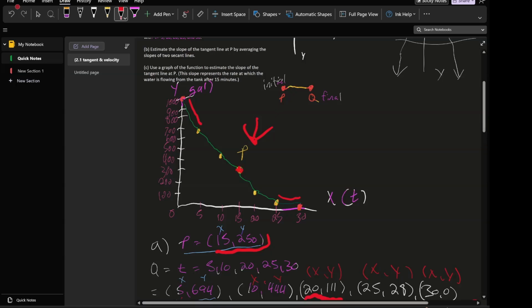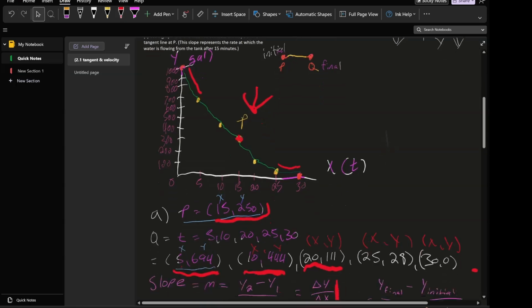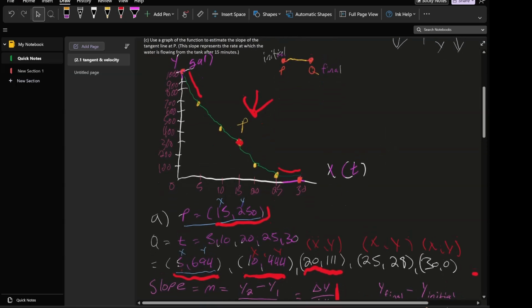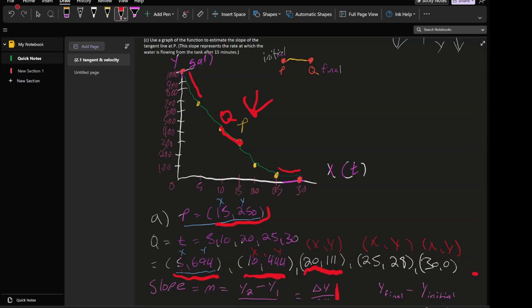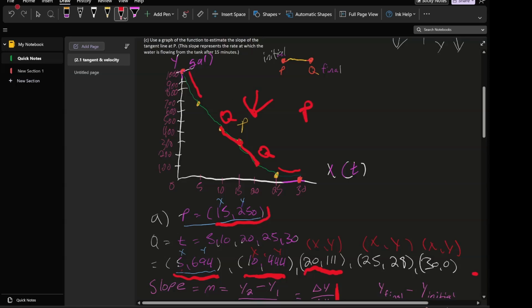So the most accurate estimation would be using the secant line PQ, with the closest points to it, which would be this one at 10, 444, and the one at 20 minutes and 111 gallons. So you have these two line segments, PQ.